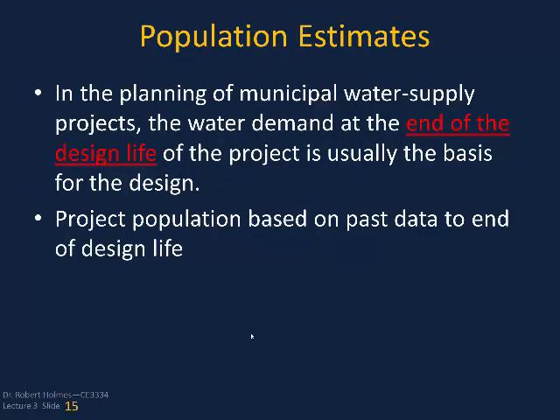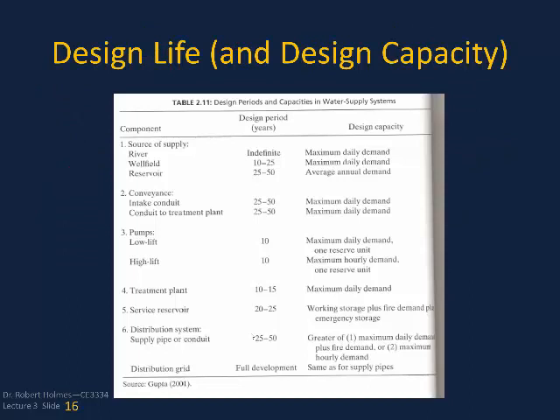So how do we estimate the population? We need to look at the population at the end of the design life. And as we look at that, we need to know what design life we're talking about, or design capacity. If we're designing the river well field or the reservoir, you're looking at the outset of around 50 years for whatever pertinences would go with that, and for designing a well field, the intakes and conduit to the treatment plant, between 25 and 50 years.